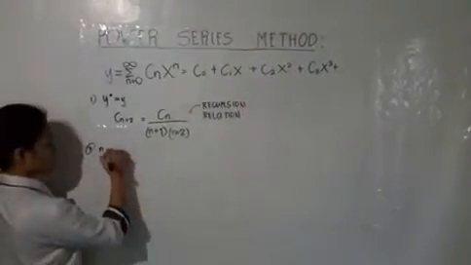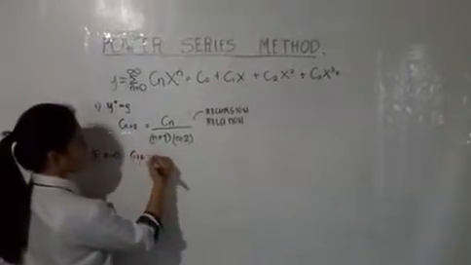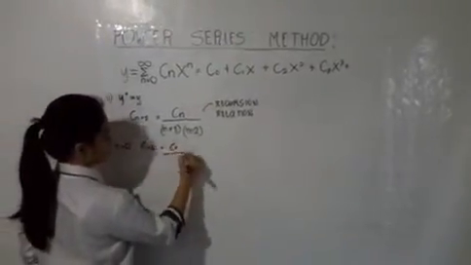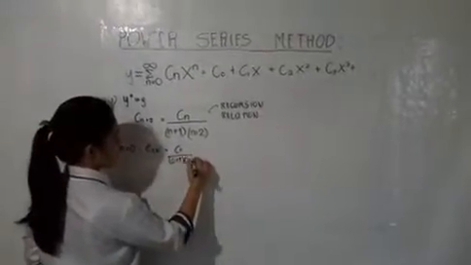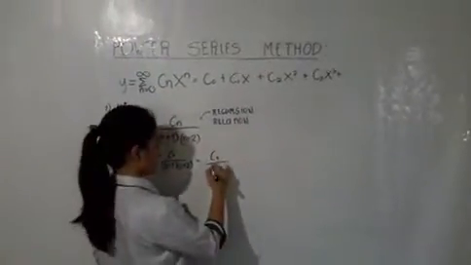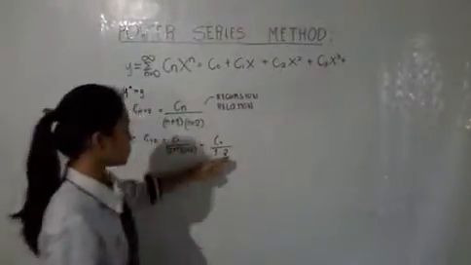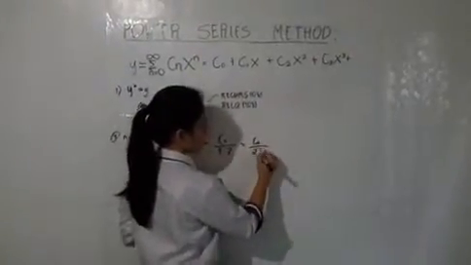Now if n is equal to 0, we have c_(0 plus 2) is equal to c0 over (0 plus 1)(0 plus 2), c0 over 1 times 2. Now we can notice that it can also be equal to c0 over 2 factorial.